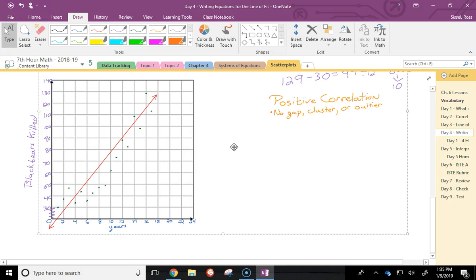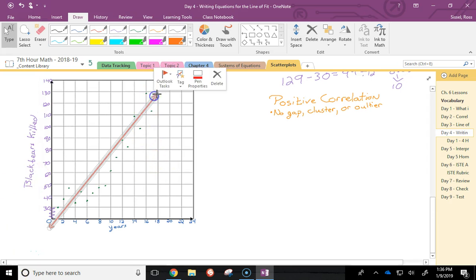I'm going to pause and let you guys do yours real quick. Alright, so here we go. We went and made our line of fit. Actually, I don't like mine that much now that I look at it again.